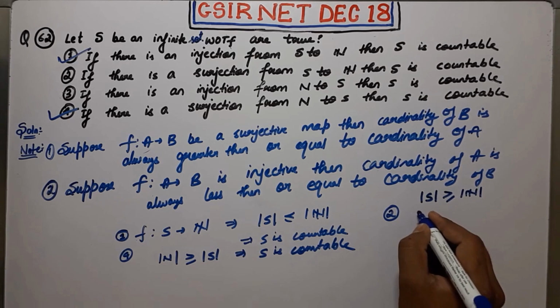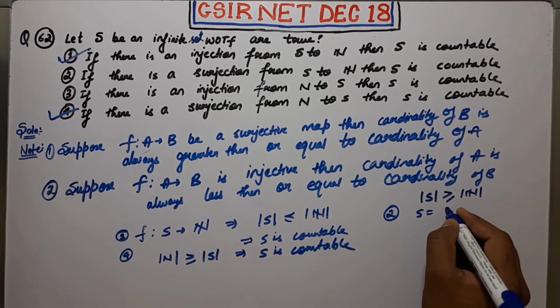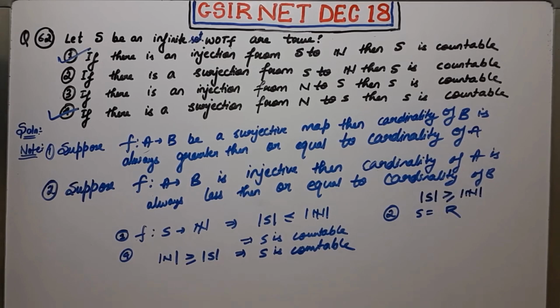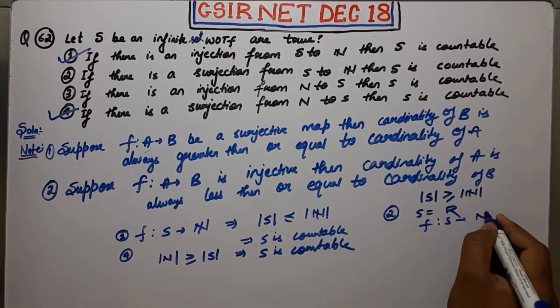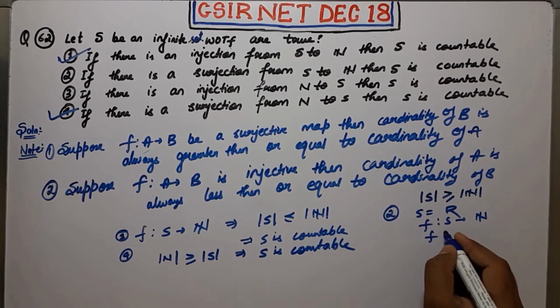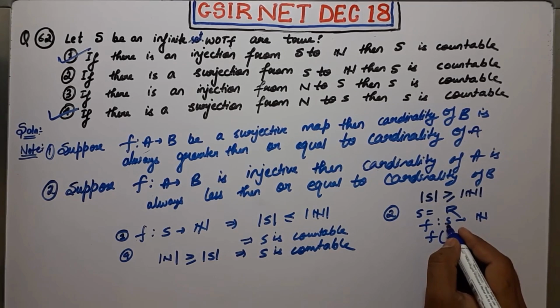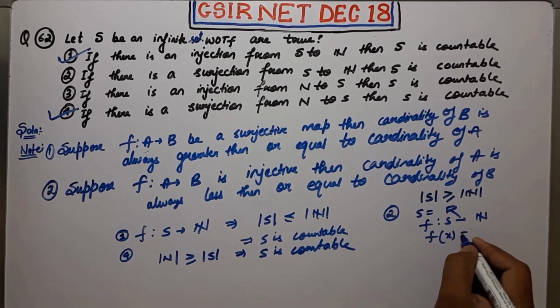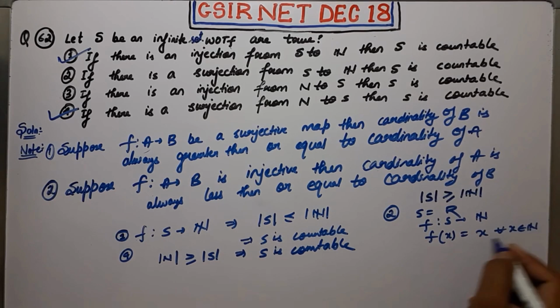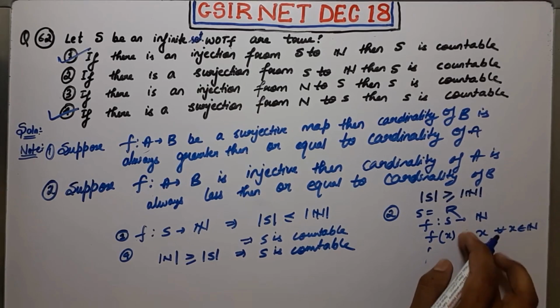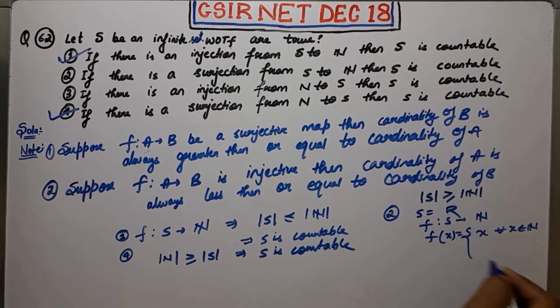If you just take S equal to R and take the map f(x) = x for all x belonging to the naturals, I will partition the function into a multi-valued function.